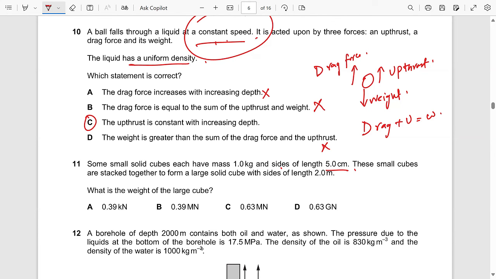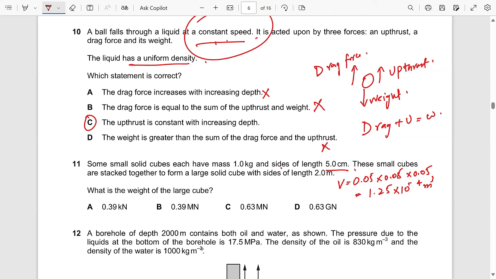The volume of the smaller cube is what? If I convert it into meters, it's going to be 0.05 into 0.05 into 0.05. If you do this, I think it comes to 1.25 into 10 raised to power minus 4 meter cube. This is the volume of the smaller cube.